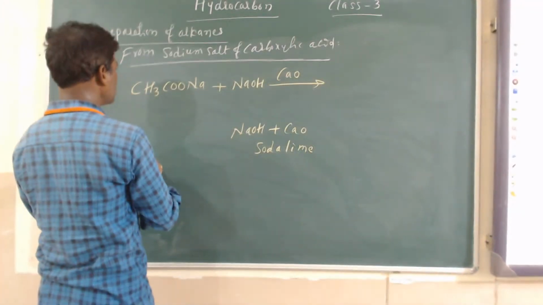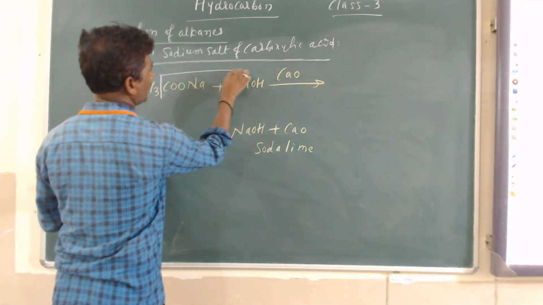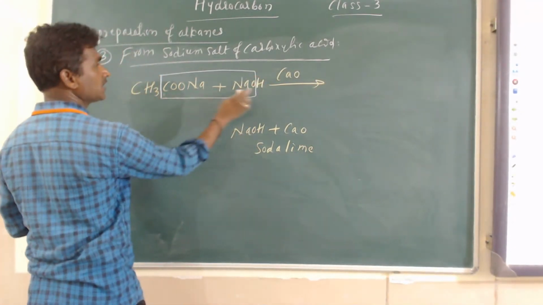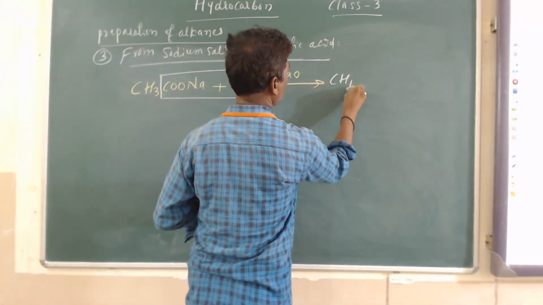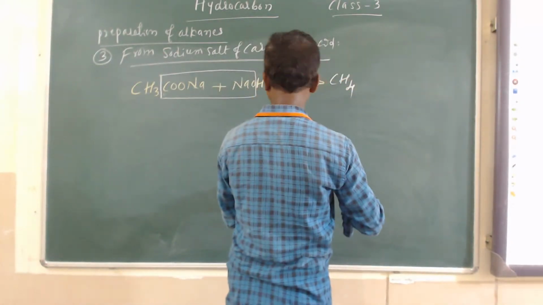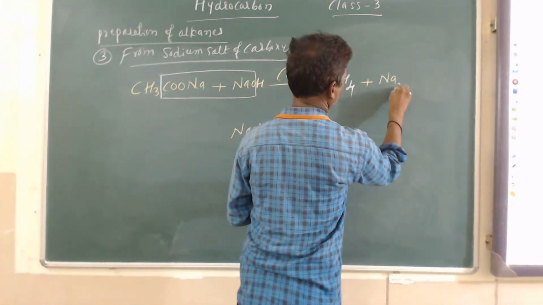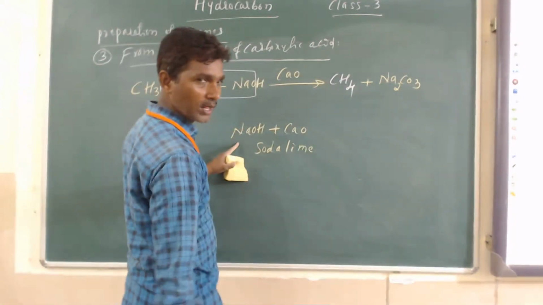Now what does it remove? It removes Na2CO3. CH3 plus H gives CH4. It removes Na2CO3.